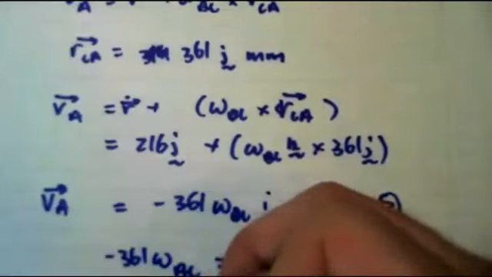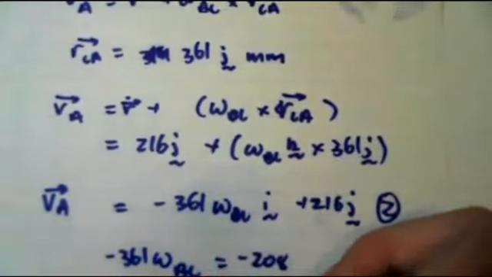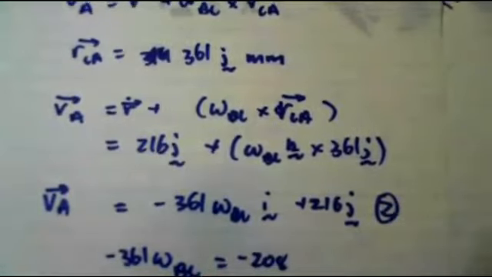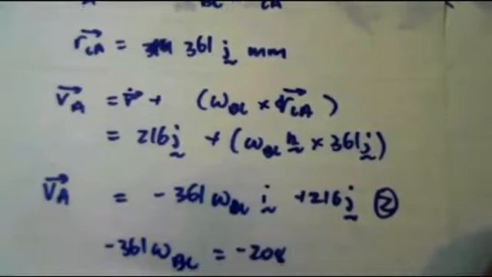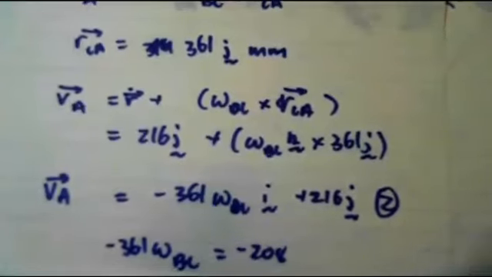Therefore, our omega BC is equal to negative 208 over negative 361, so let me plug that in the calculator. We get 0.576 radians a second in the counterclockwise direction.